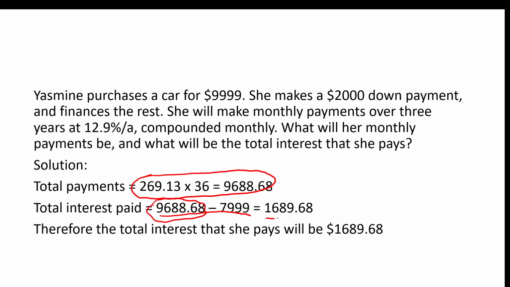So she's actually giving extra money in the amount of $1,689.68. The interest that she's paying is $1,689.68.